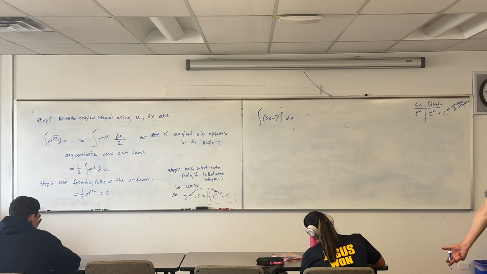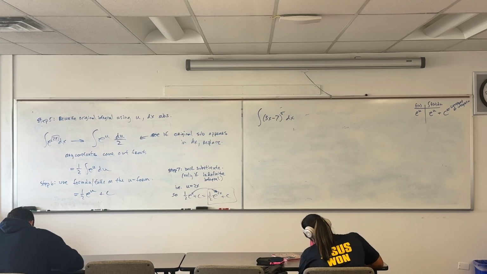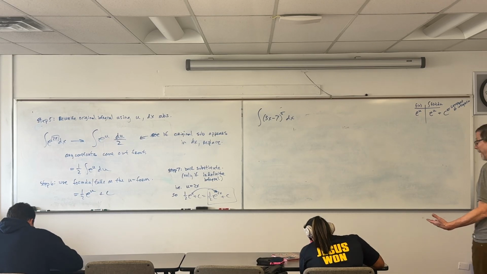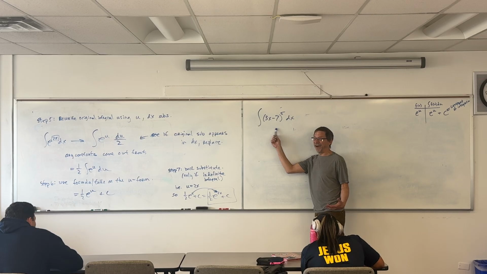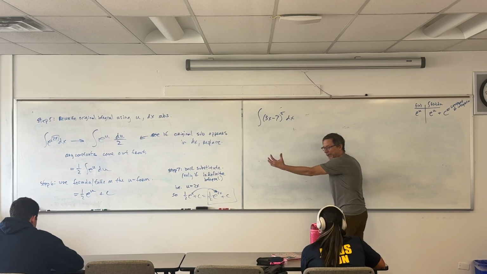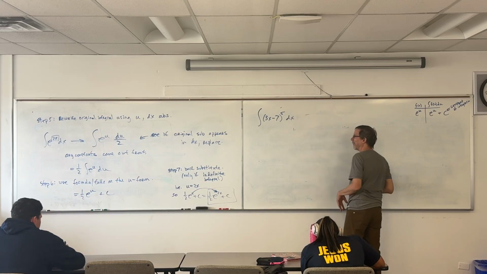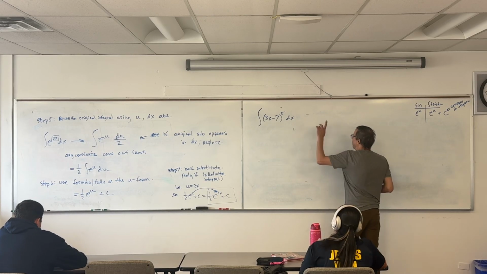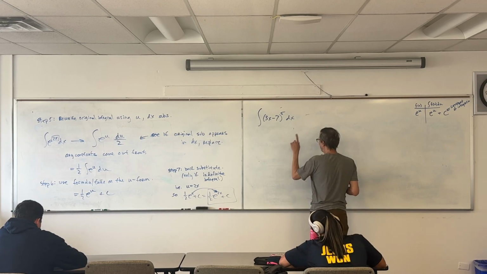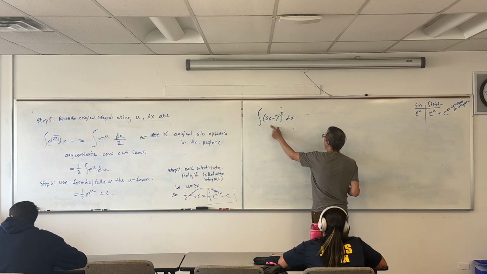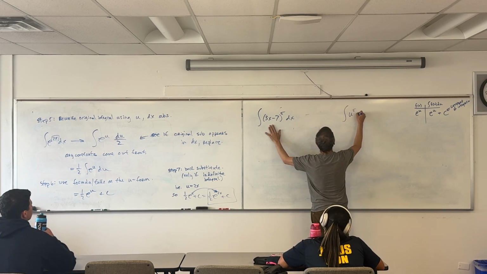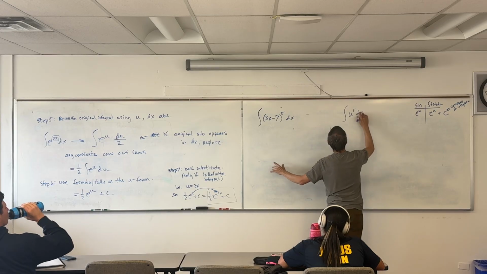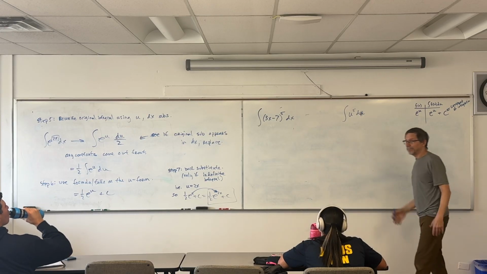Now, one way you could do this, if you've got some spare time and you like multiplying things out, is to multiply this whole thing out, which would be painful. You could get a big polynomial and just use the power rule, but we can make life better than that. That's a lot of work when it doesn't need to happen. So notice that this sure would be great if it looked like u to the 5th.